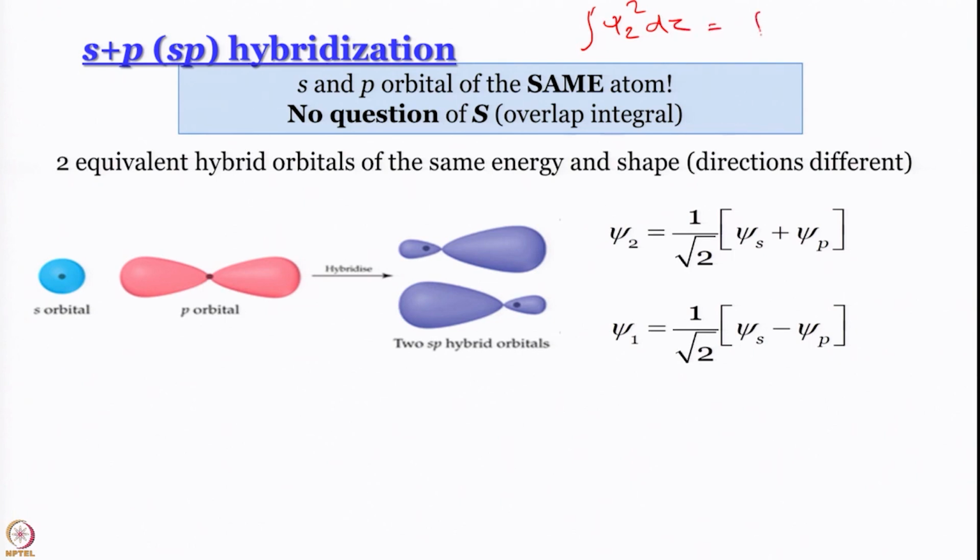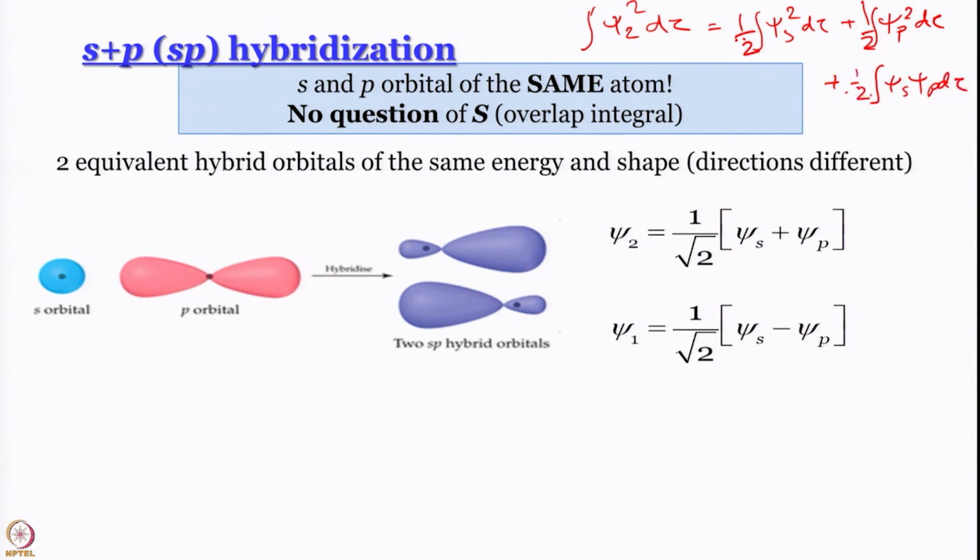That will be equal to 1 by 2 integral psi s square d tau plus 1 by 2 integral psi p square d tau plus 1 by 2 times 2 integral psi s psi p d tau.